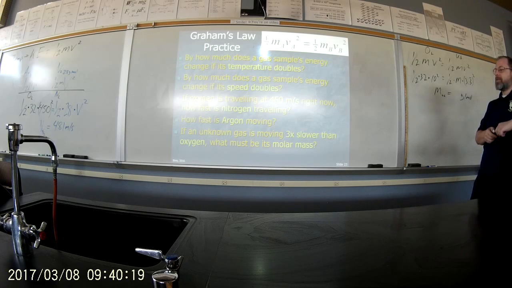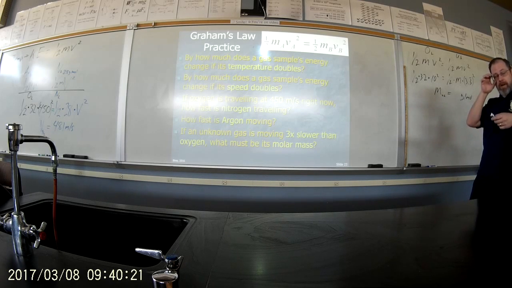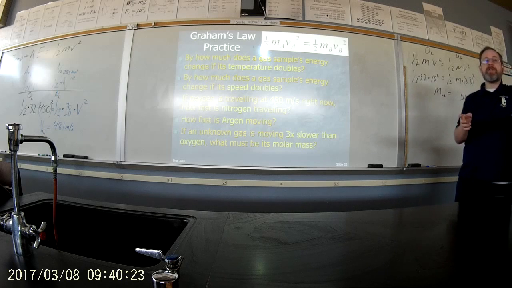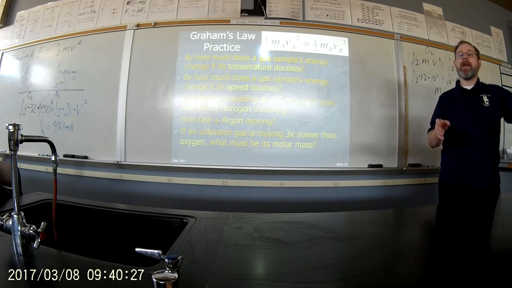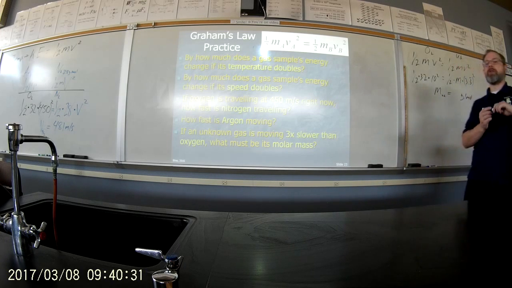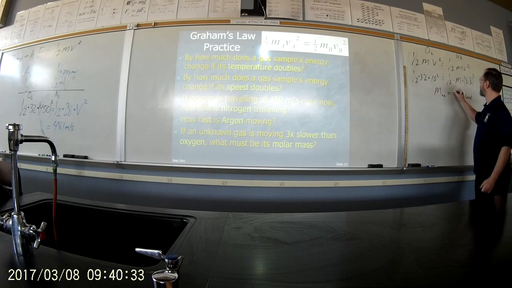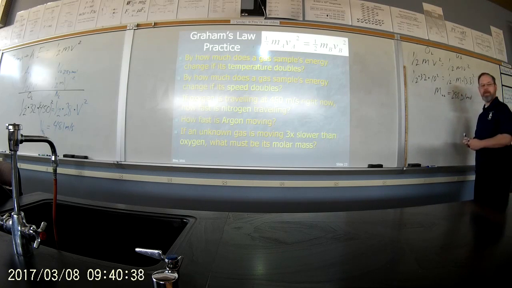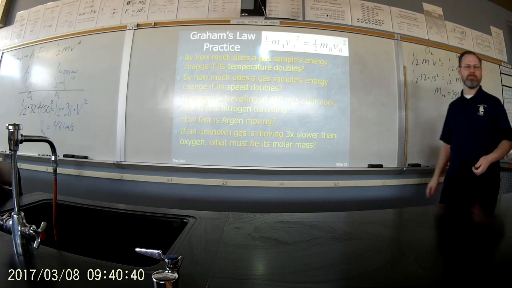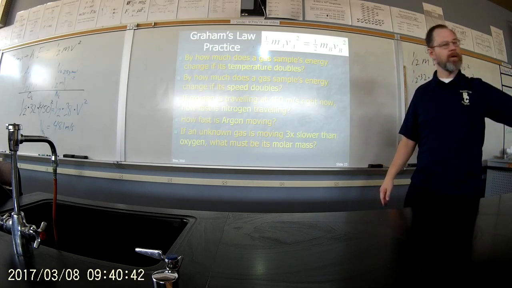Again, if they're at the same temperature, and the unknown gas is moving 3 times slower, in order for it to have the same energy, it has to have 9 times the mass. How massive is my unknown gas? 288 grams per mole, which I think is 32 times 9. Sound about right?